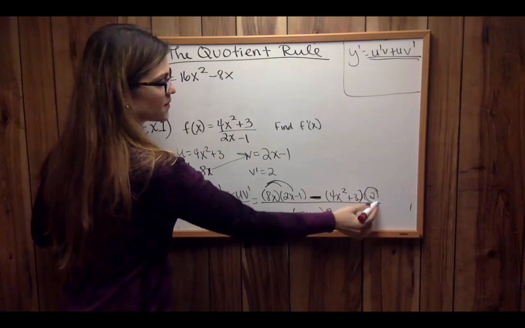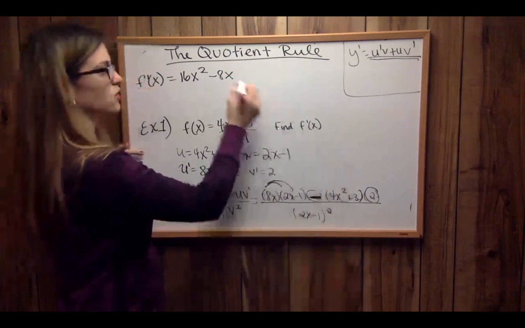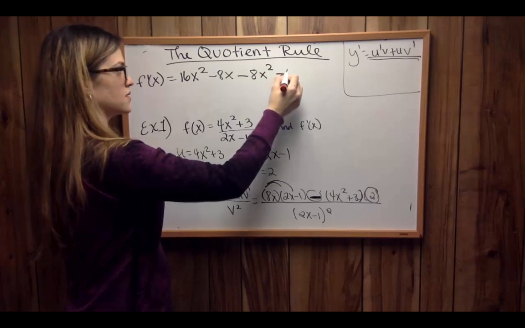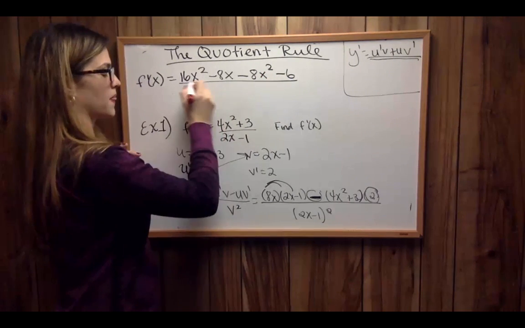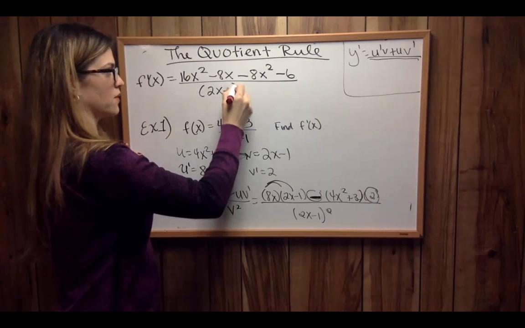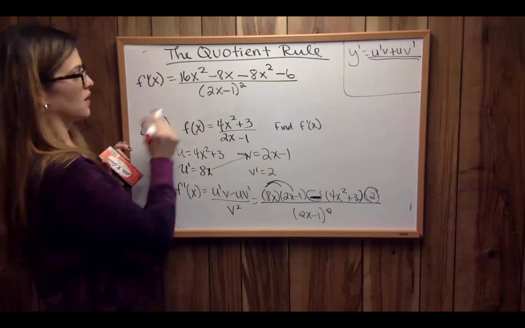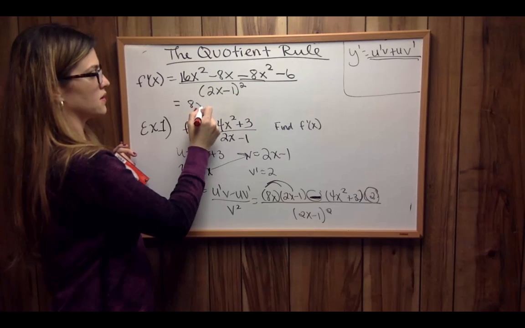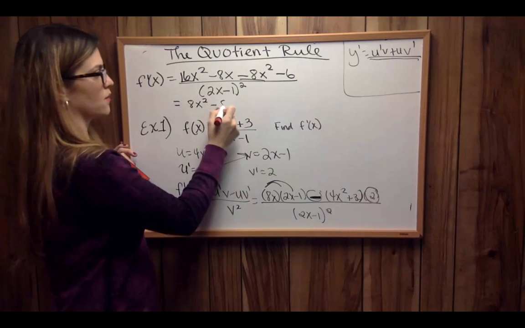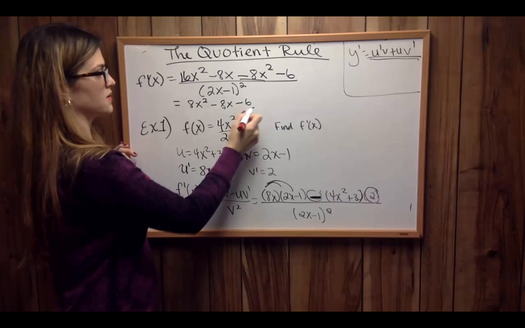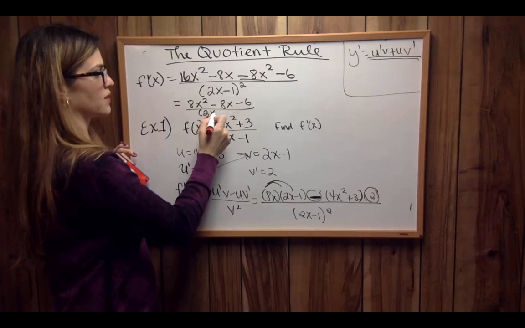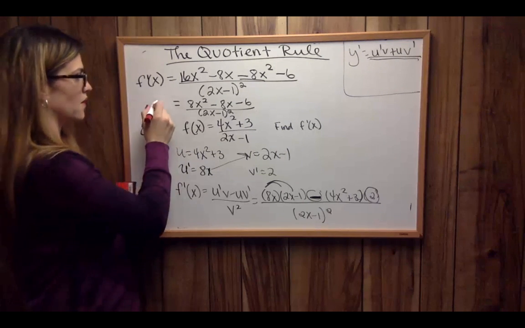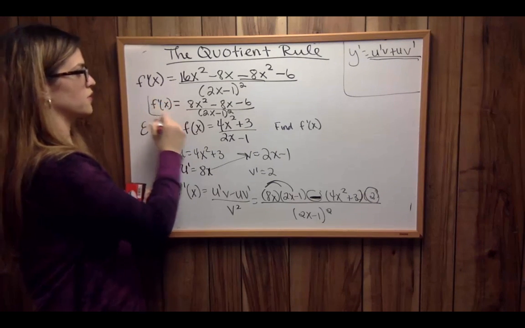And if I think of this as negative 2 distributing through, I get a minus 8x squared minus 6, all over 2x minus 1 squared. 16x squared minus 8x squared is 8x squared minus 8x minus 6 all over 2x minus 1 squared. And that is your derivative of a quotient.